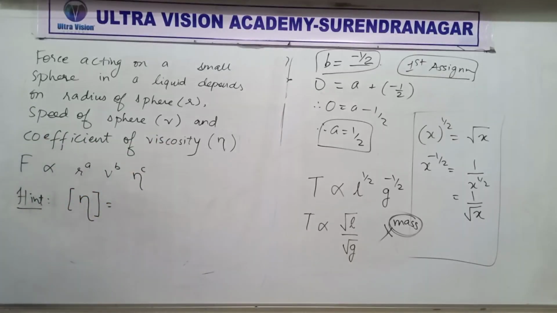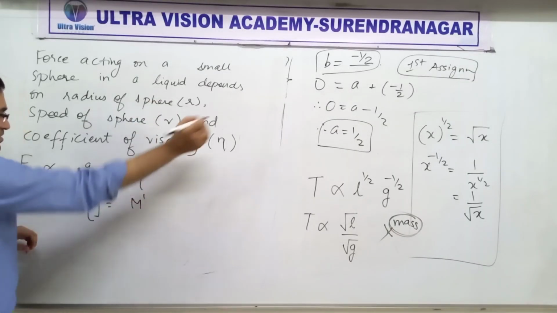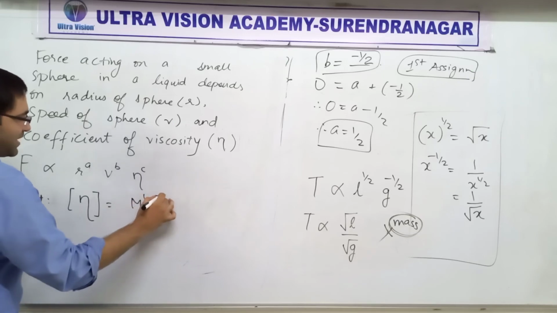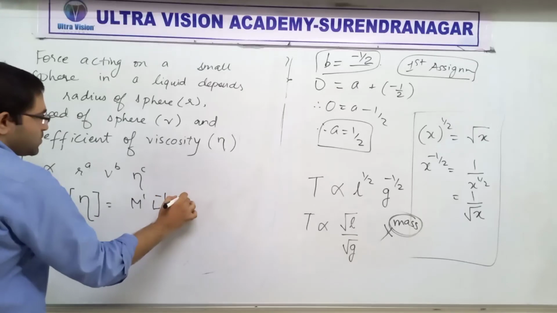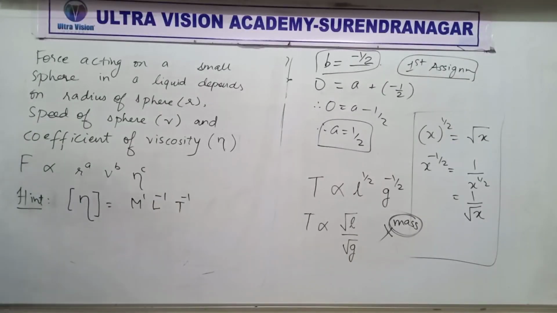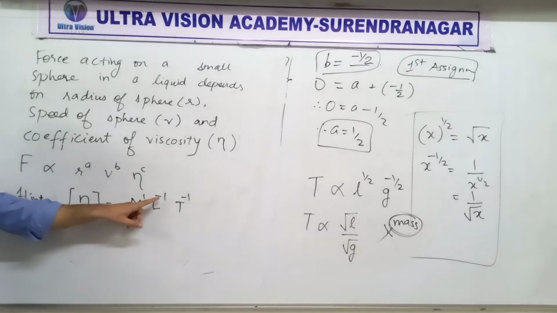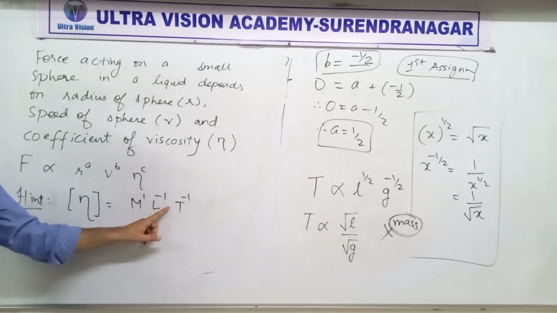Dimensions for coefficient of viscosity are M raised to 1, L raised to -1 and T raised to -1.